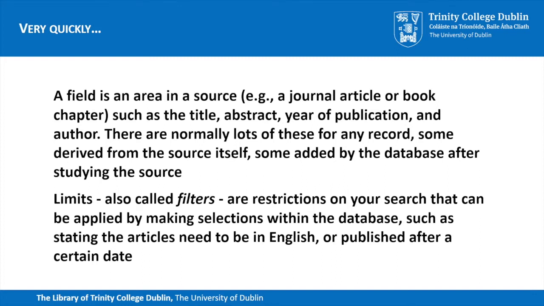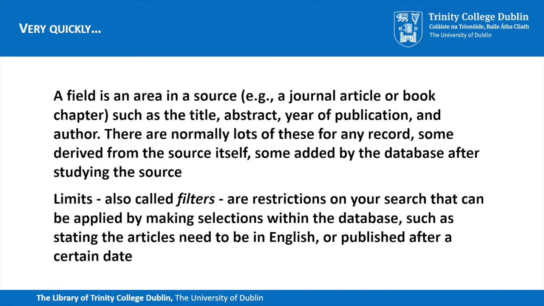Some are actually added by the database after the source is looked at by the people at the database. An example of that is normally controlled vocabulary, which we've mentioned throughout this recording. That is added by the people at the database looking at it and putting them under the controlled vocabulary for that particular database. It doesn't come from the source itself.